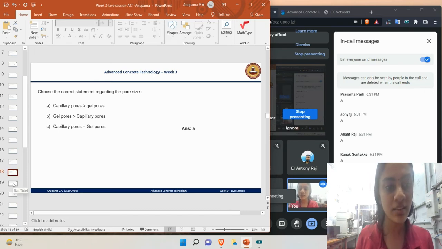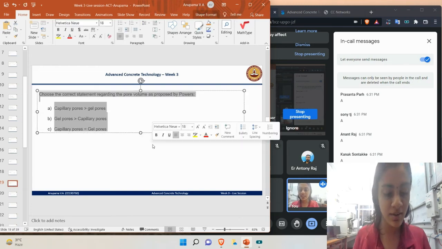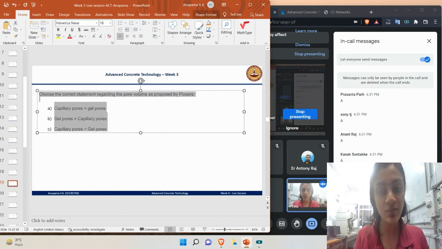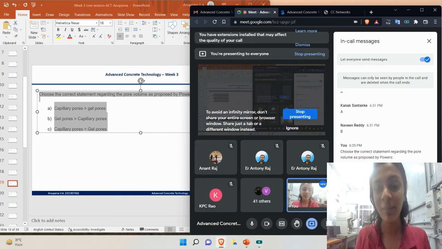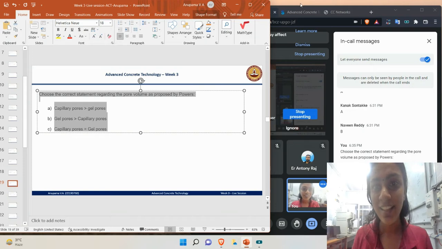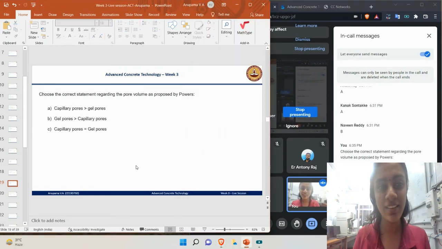Again, one more question related to capillary pore and gel pore itself. Choose the correct statement regarding the pore volume as proposed by Powers. I don't want to clearly mention whether capillary pores are of greater volume or gel pores are of greater volume.